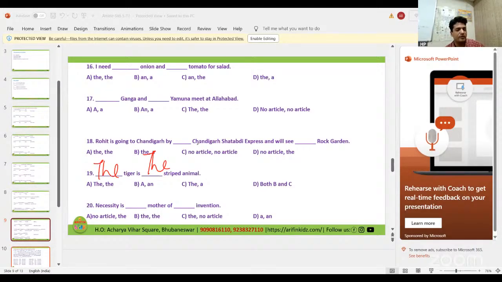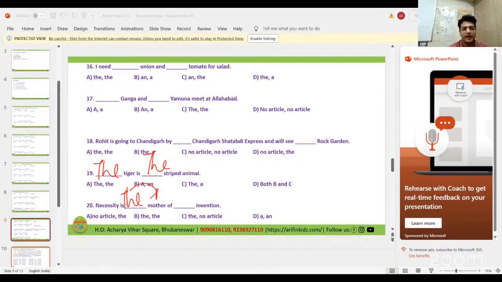Number 20, easy one. Tell me number 20. Can you answer this? Necessity is the, right? Necessity is the mother.